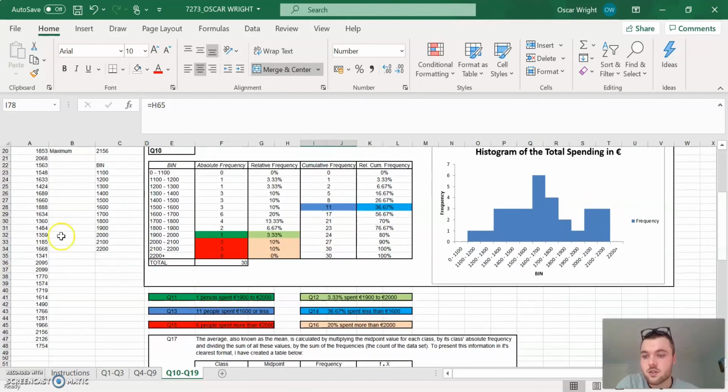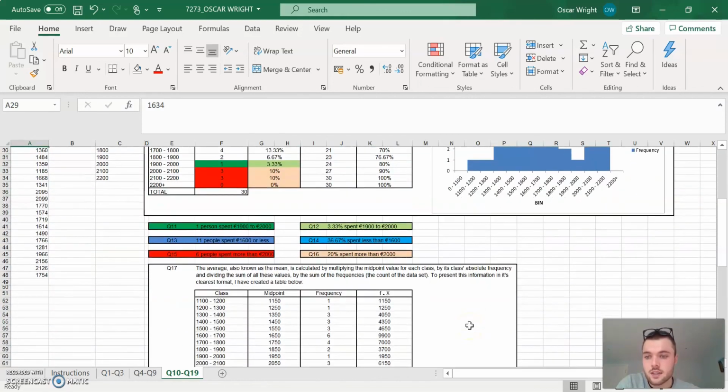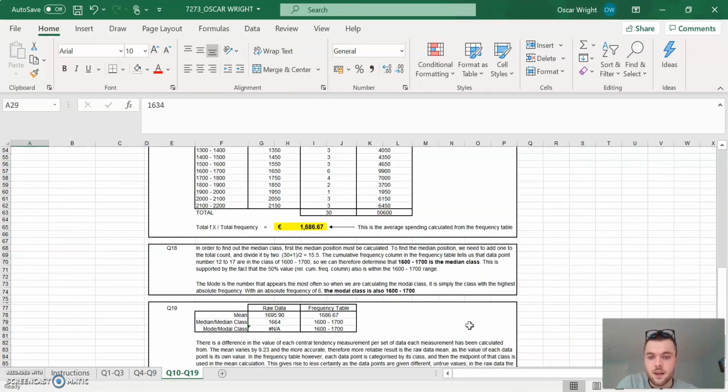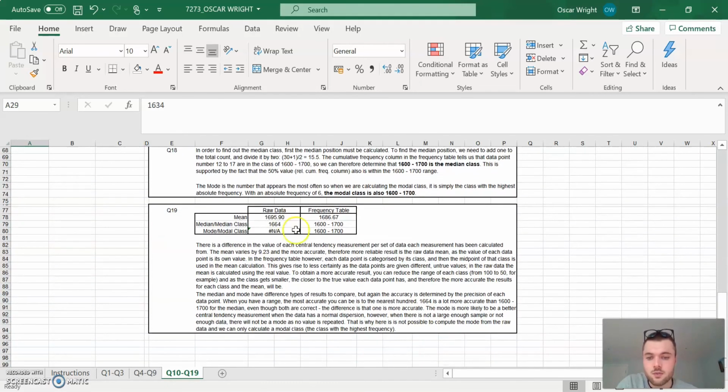If we had, say, two 1634s, which we can see here, if we had, say, another one in the data set, then that would be the mode, and it would be our measure of central tendency. However, as we don't have repetition of any values, we have an NA produced for the raw data mode.